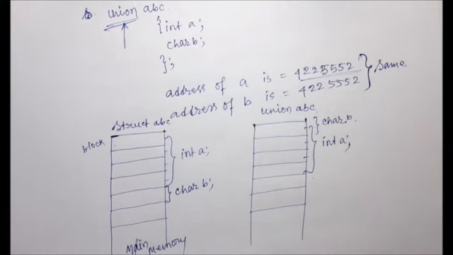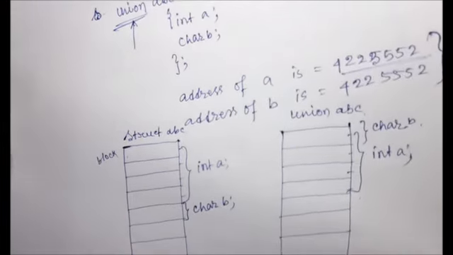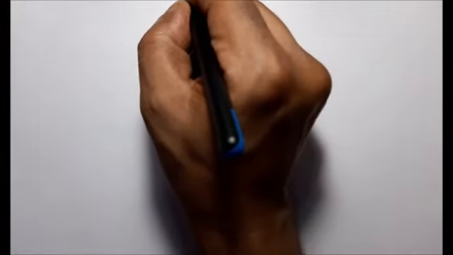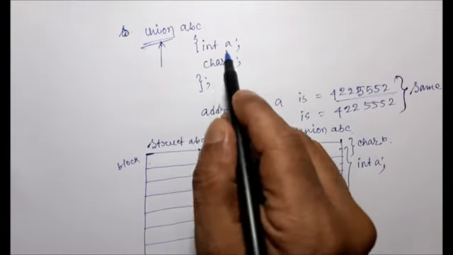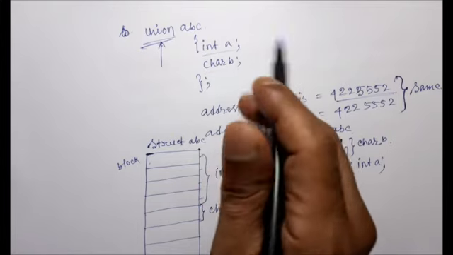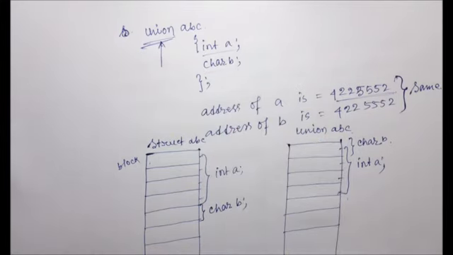I want to explain some facts regarding union. The first fact is that union members share the same memory location. If I make a change in one of the members, it will be reflected in the other member as well.